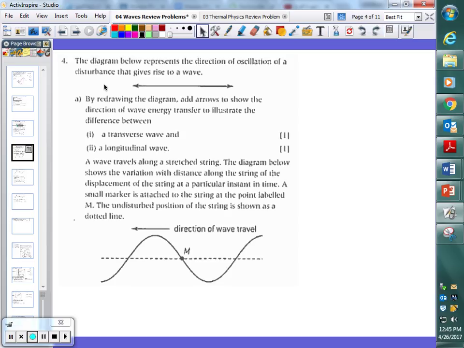All right. The diagram below represents the direction of oscillation of a disturbance that gives rise to a wave. So this is the disturbance itself. Okay? So it says, by redrawing the diagram, add arrows to show the direction of wave energy transfer to illustrate the difference between a transverse wave and a longitudinal wave.